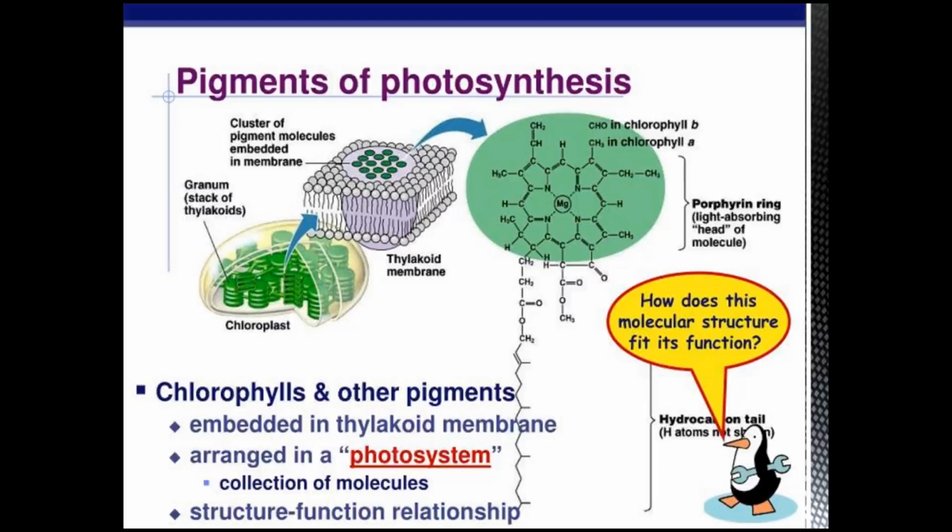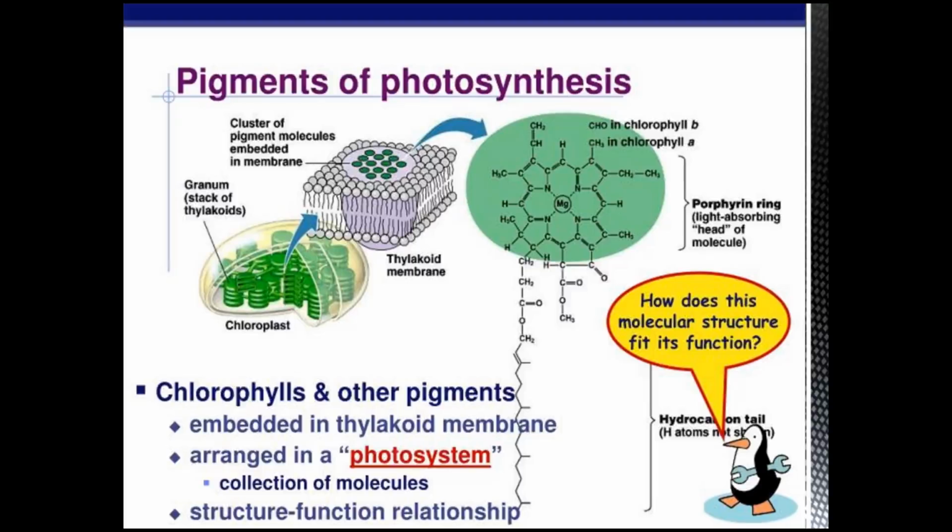are called a photosystem. What is a photosystem? Chlorophyll A, which is the reaction center, and the accessory pigments, that is chlorophyll B and carotenoid.